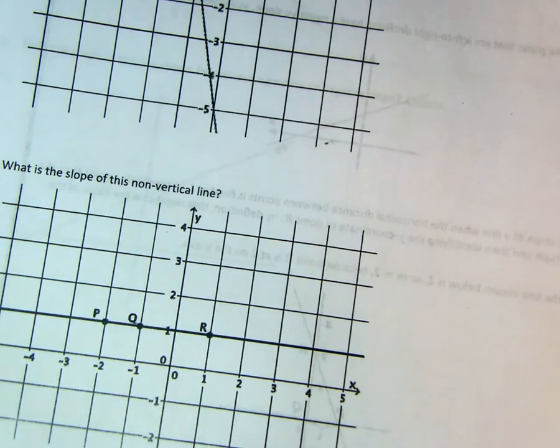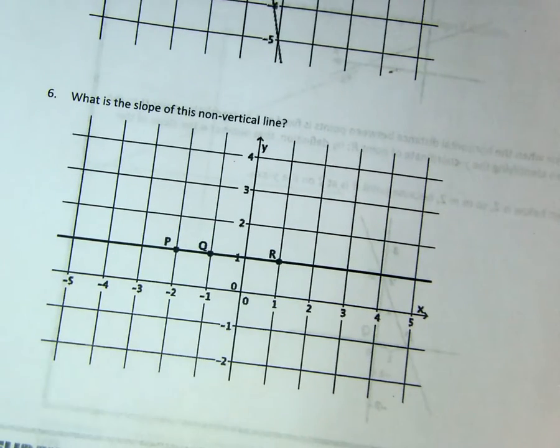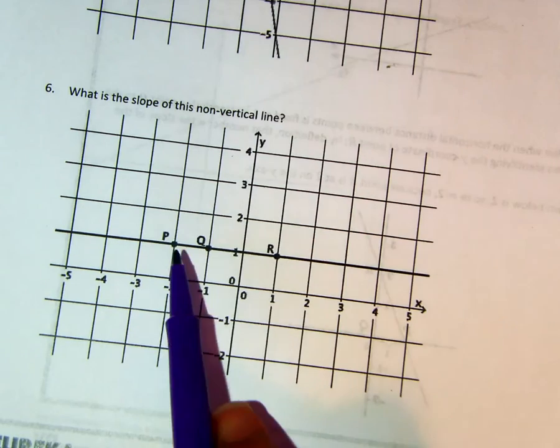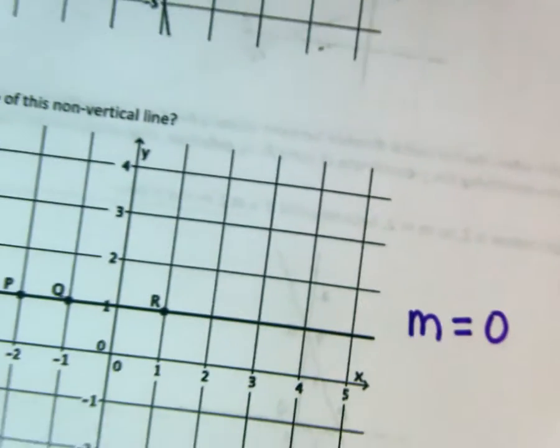Example 6. What is the slope of this non-vertical line? I want to move from point P to point R. Slope is 0.